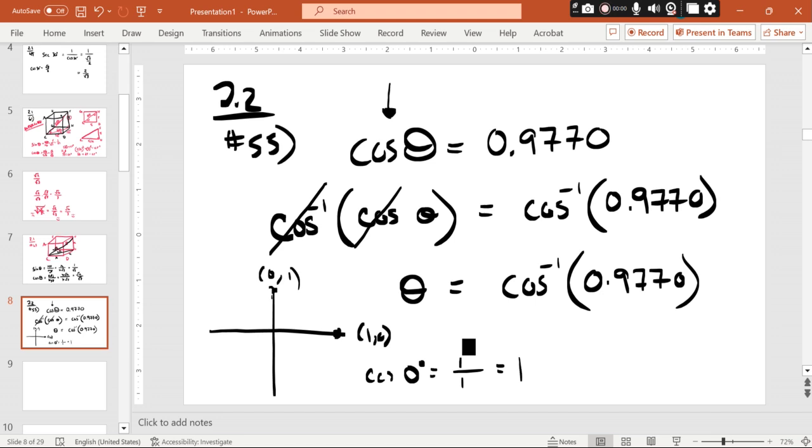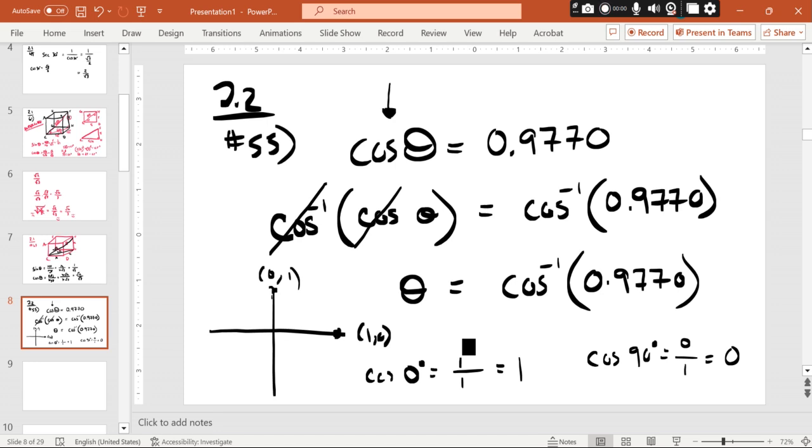So as cosine is close to 1, this is your degree value. We good? So then let's go to the next one. Cosine of 90 degrees is 0 over 1. Good. So if cosine is a very small number, like 0.0342, I bet you it's close to 90 degrees.